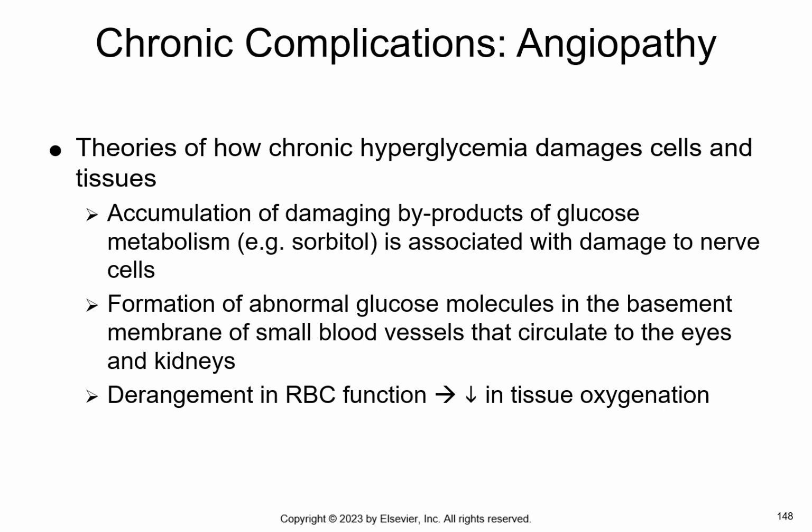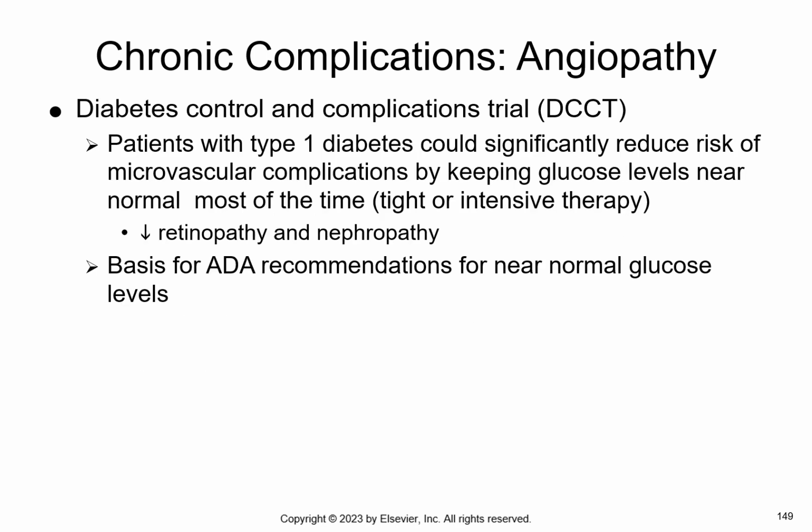The Diabetes Control and Complications Trial, DCCT, a landmark study in diabetes management, showed the risk for microvascular complications is reduced in people with type 1 by keeping glucose levels as near to normal as possible for as much of the time as possible. It's called tight or intensive therapy.